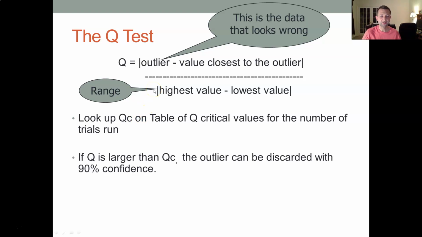When you take statistics, at some point you will go into this in a little more detail, I'm sure. Once you find your Q value, you want to look up something called a QC value on a table of Q critical values for the number of trials that you performed. At the back of your statistics book, you're going to have a huge appendix with all these numbers for Q values.